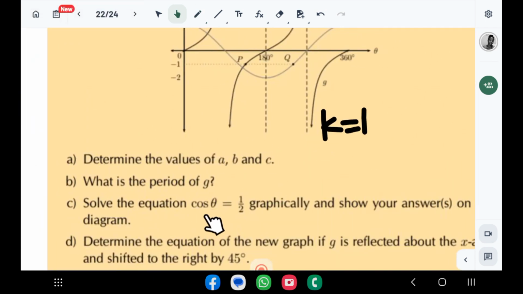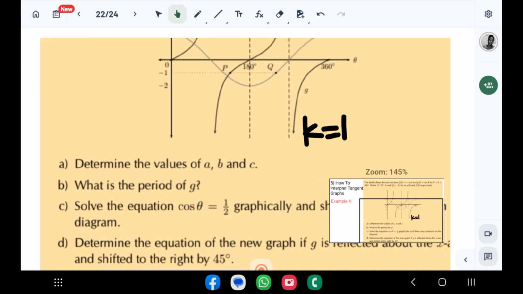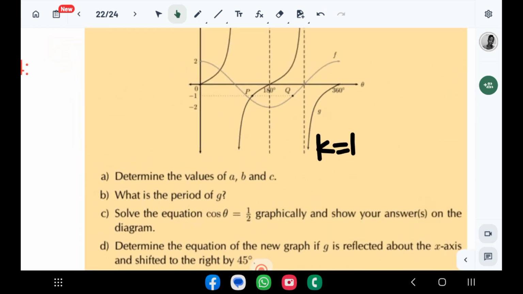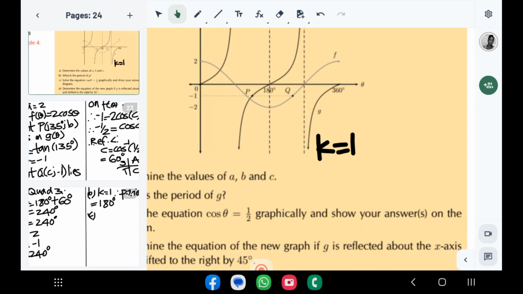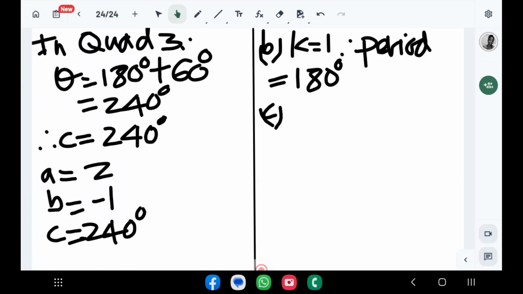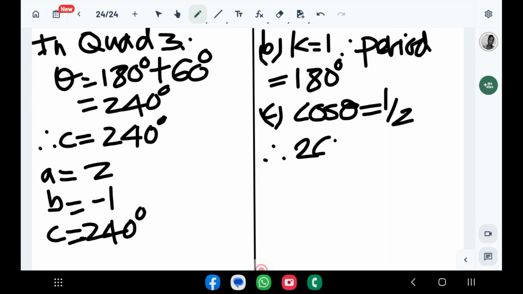Number C. Solve the equation cos of theta equals half graphically and show your answers on the diagram. Cos of theta equals half. Multiplying both sides by 2 gives 2 cos theta equals 1.